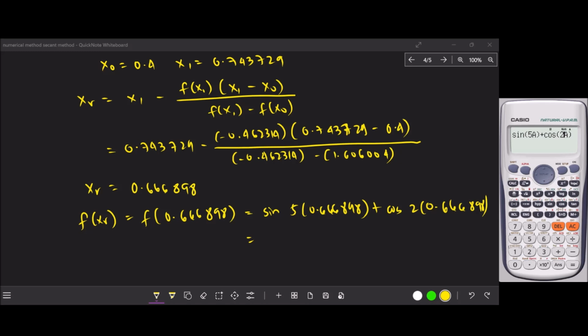Okay, so the answer is 0.043. Okay, just store this one in B.